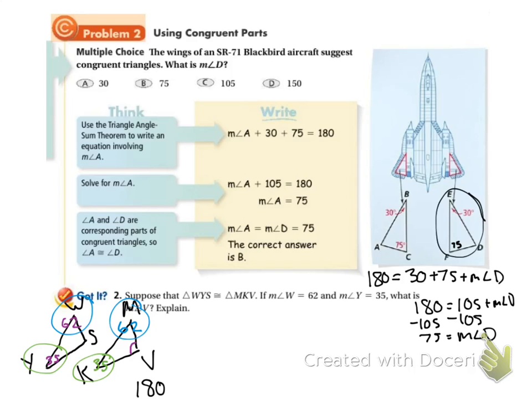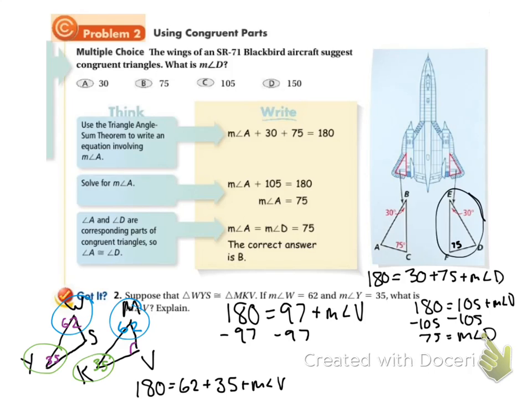So 180 is equal to 62 plus 35 plus the measure of angle V. Maybe I should have written that on top, but that simplifies to 180 is equal to 97 plus the measure of angle V. I subtract 97 from both sides, and I get 83 is equal to the measure of angle V.